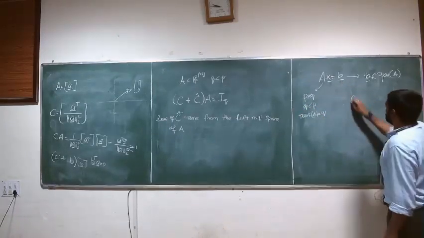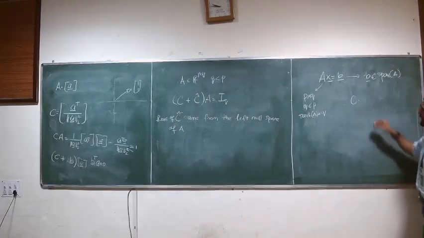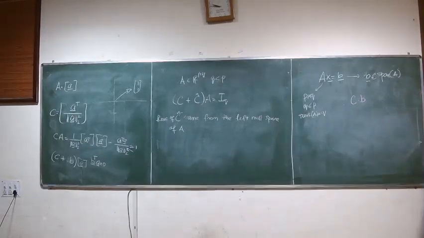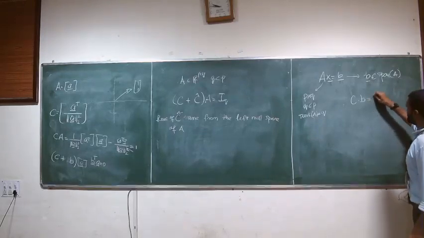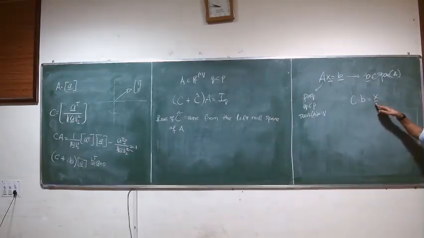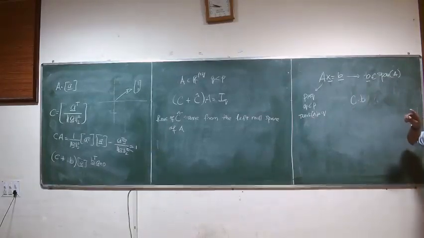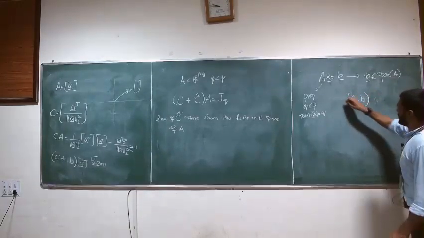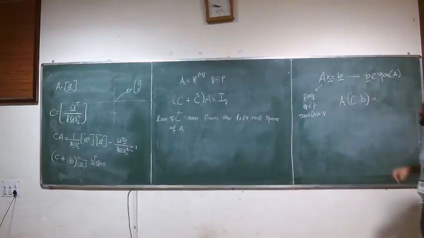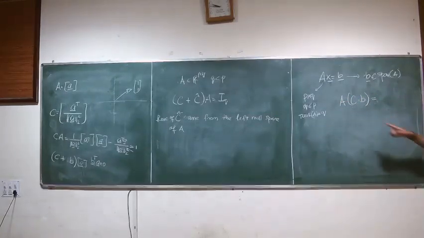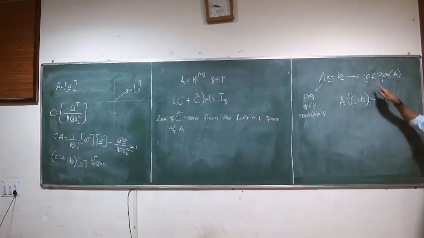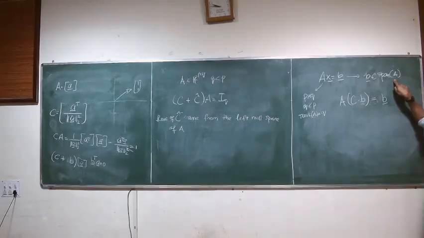You can choose any left inverse, and multiply it by B. The x that you get, you multiply by A, and you'll get B. Again, this is true only if B lies in the span of A.